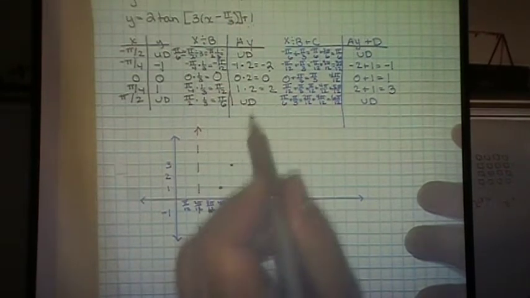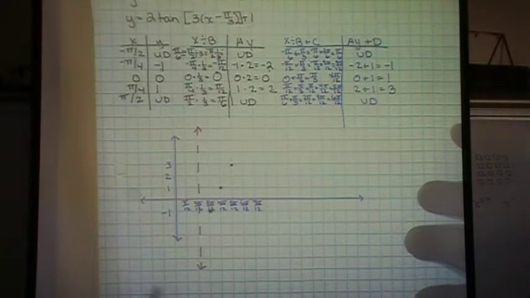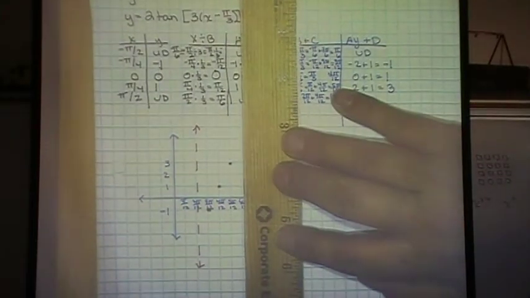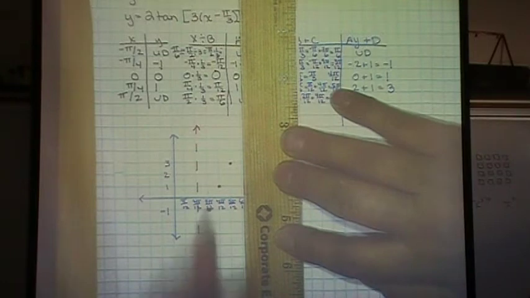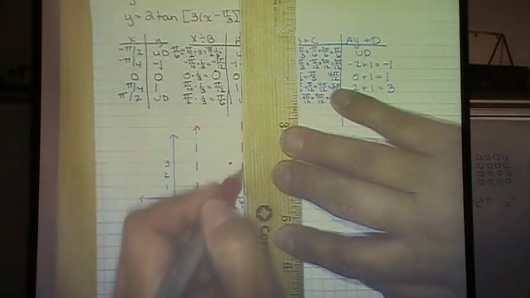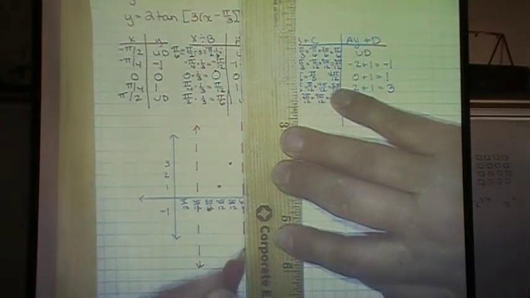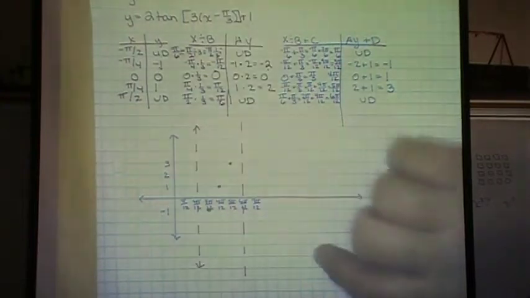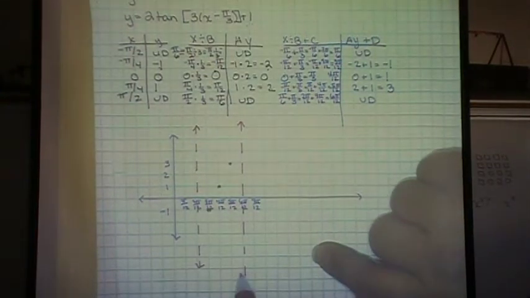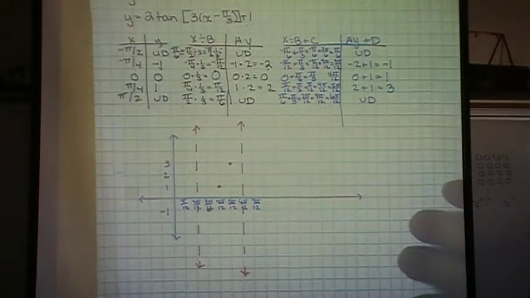And you're only going to have 3 points with tangent. You're actually only going to plot 3 points. And then we're back to being undefined, and that's at 6 over 12. I made my x-axis a little too long, but that's okay.